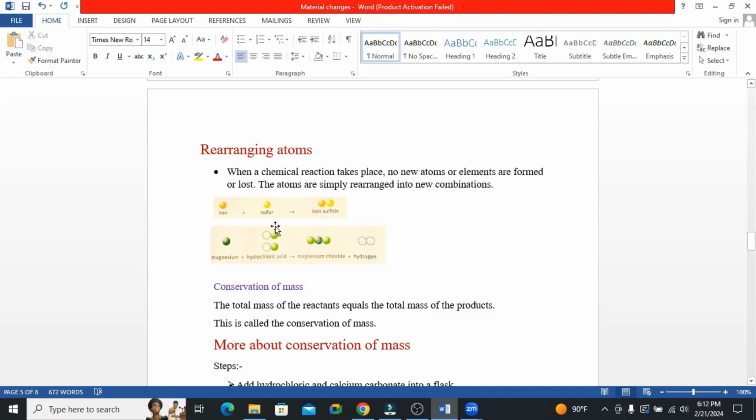As in this reaction, you can see iron and sulfur are there. Those two are combining together to form iron sulfide. In this one, you can see there's magnesium and hydrochloric acid.